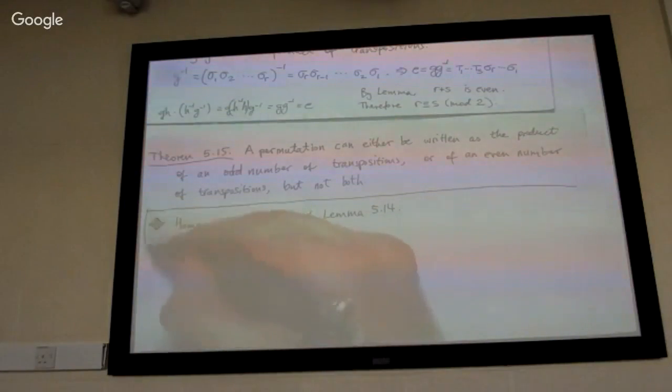So from this, we speak of odd permutations, though this is not really a definition.